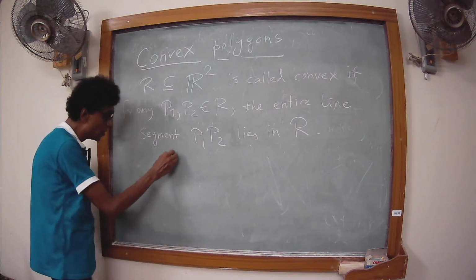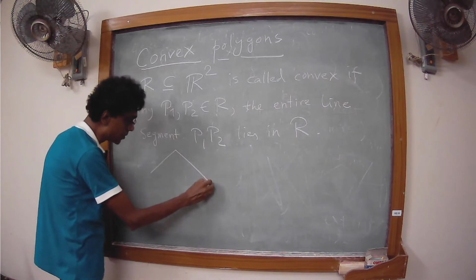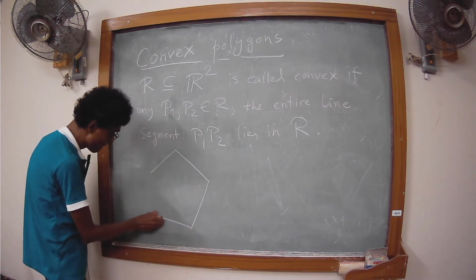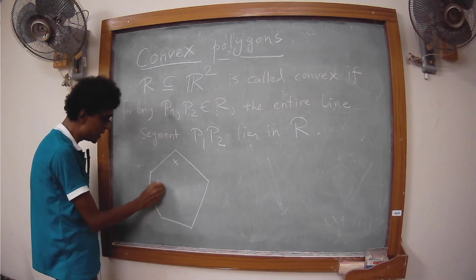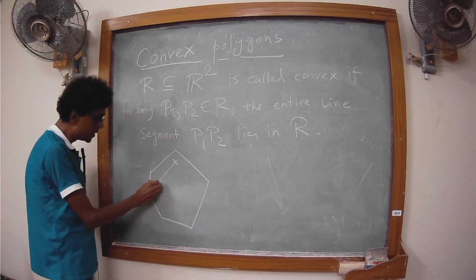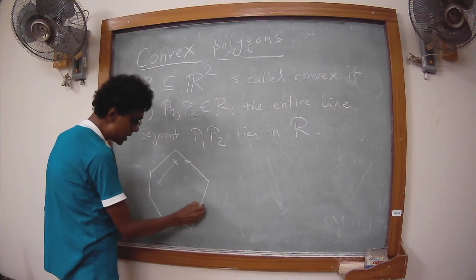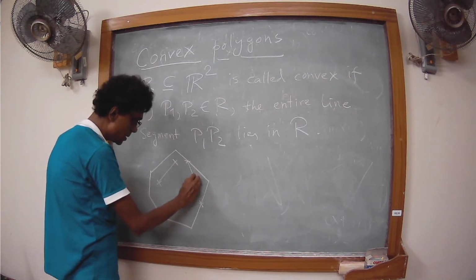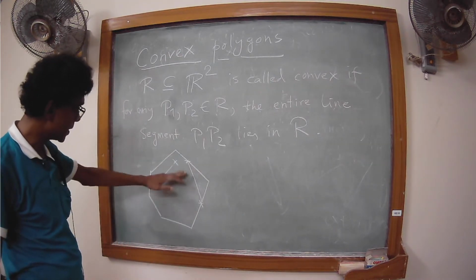Okay. So here is an example of a convex polygon. Okay. Take any 2 points here and here. This entire line segment lies on it. You may also take 1 point here, another point here. This entire line segment joining this lies inside.